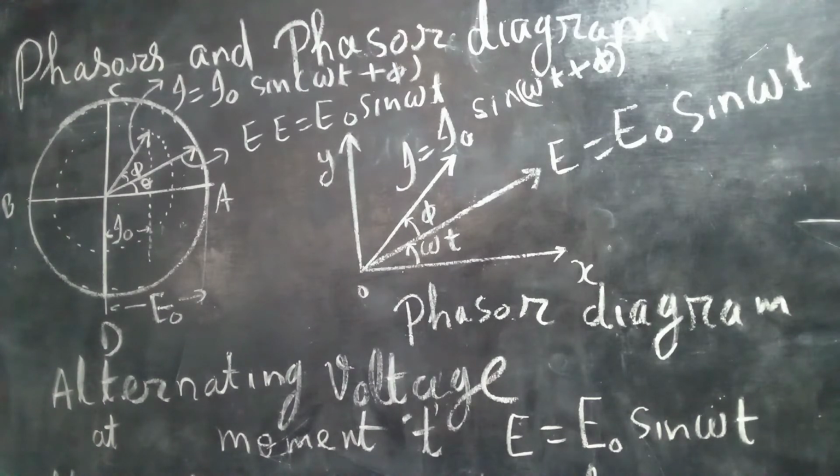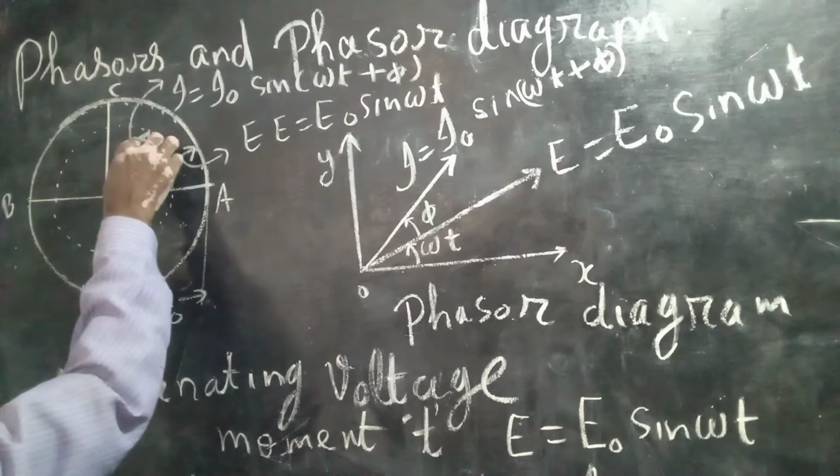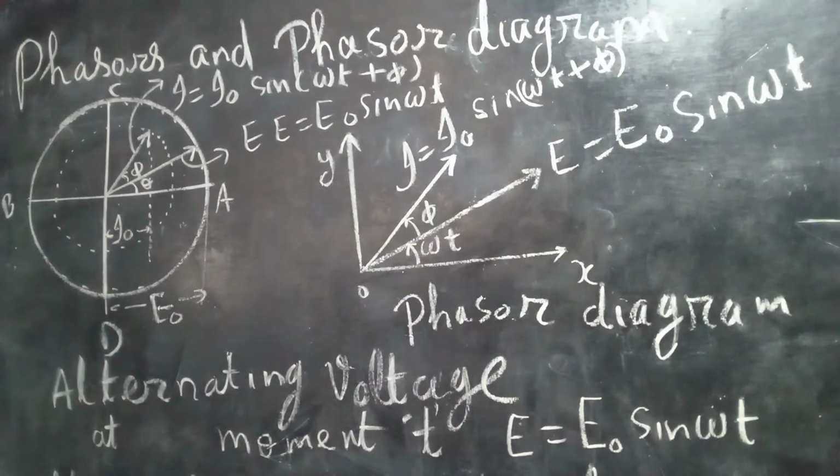So what are phasors? A physical quantity which varies with time periodically and can be represented as the projection of a rotating vector is known as a phasor.